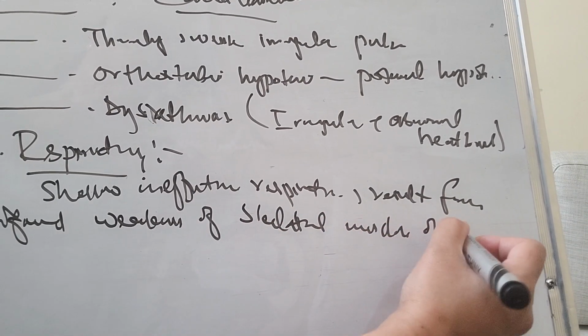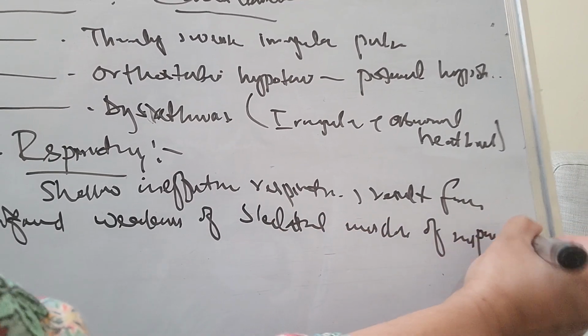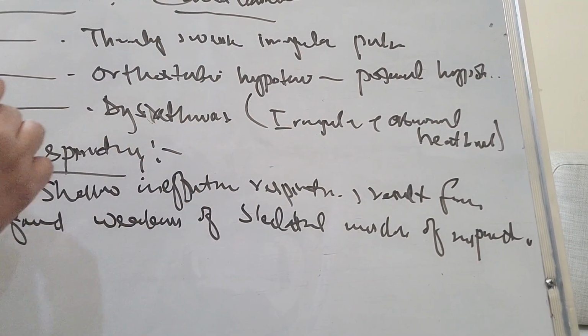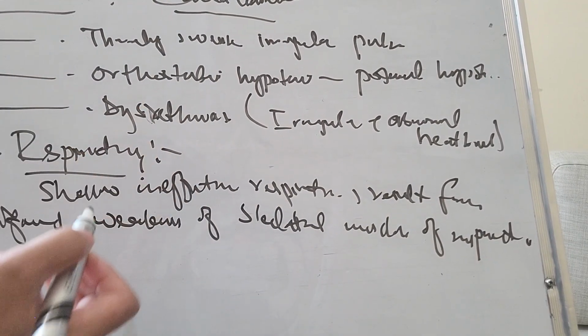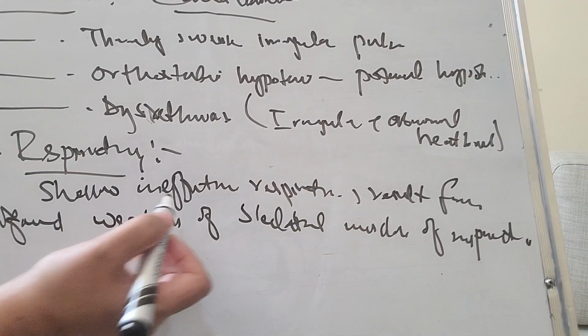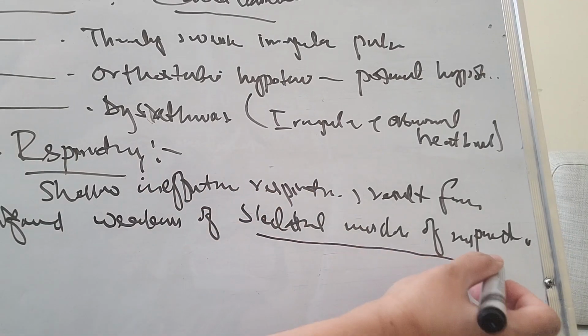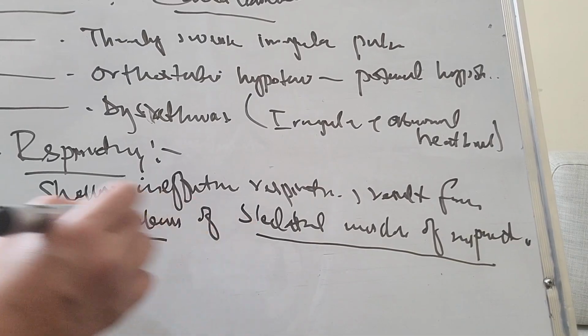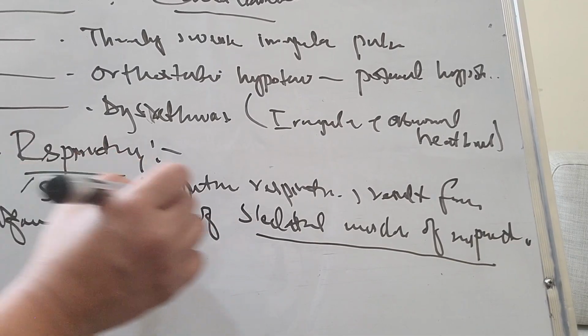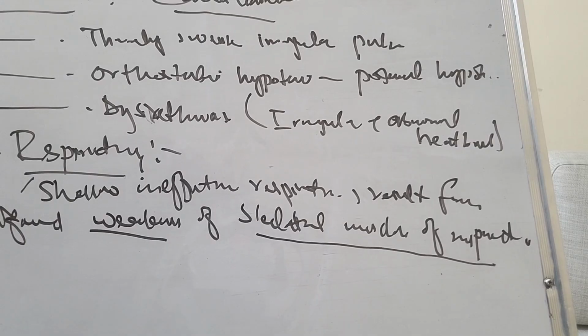So hypokalemia affects our respiratory system also. Our respiration is shallow and ineffective because the skeletal muscles of respiration become weakened.